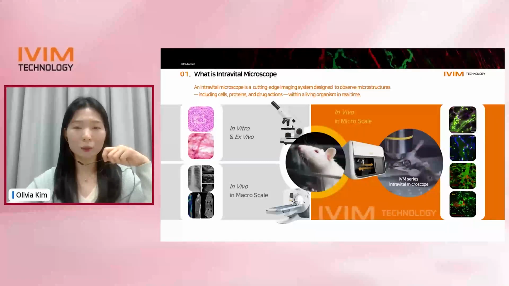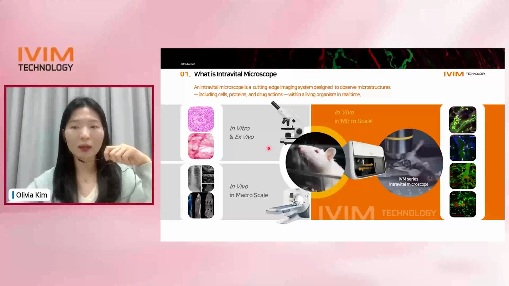So intravital microscopy is a high-resolution imaging technique that allows for real-time observation of cellular and tissue-level dynamics within living organisms. Traditional imaging methods such as in vitro or ex vivo typically rely on fixed tissue slides or cultured cells.